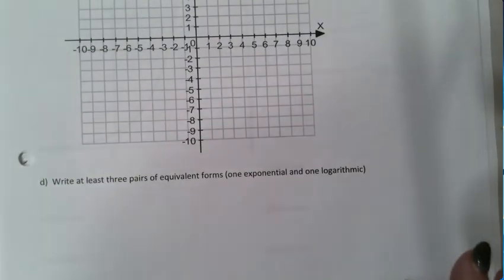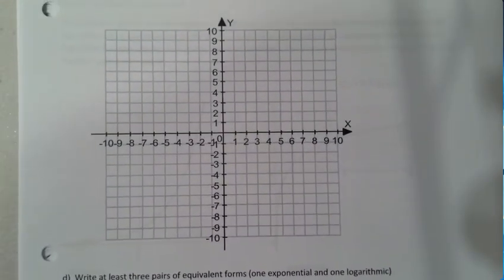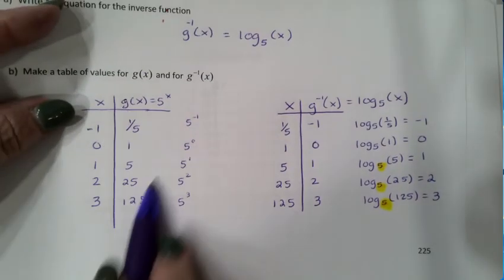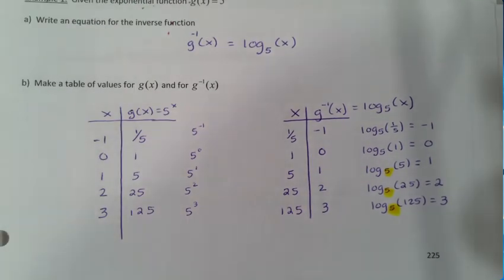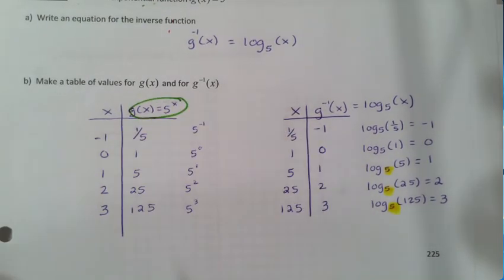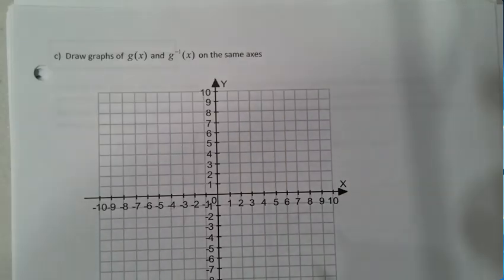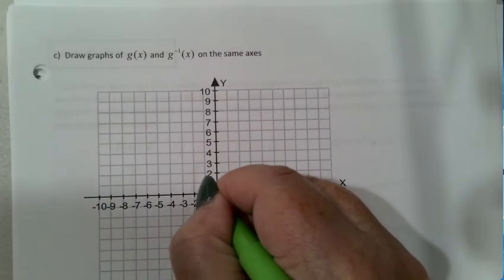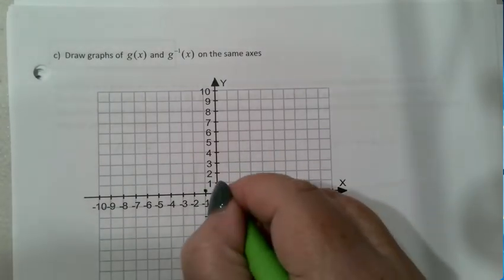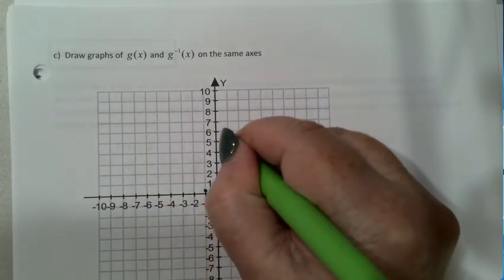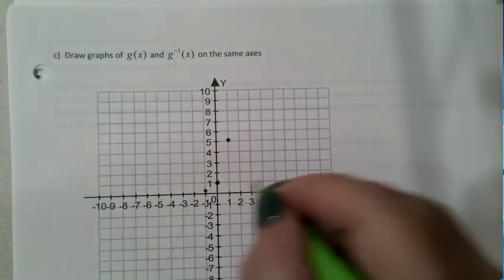All right. Let's go ahead and just real quick draw those two functions again, g and g inverse, on the same axes. I've got my points over here. I'm going to once again start with my exponential function in green, and I'm going to graph those points. -1, 1/5, 0, 1, 1, 5, and then it gets big really, really fast, right?